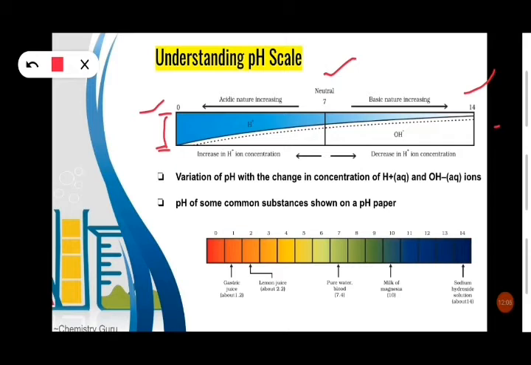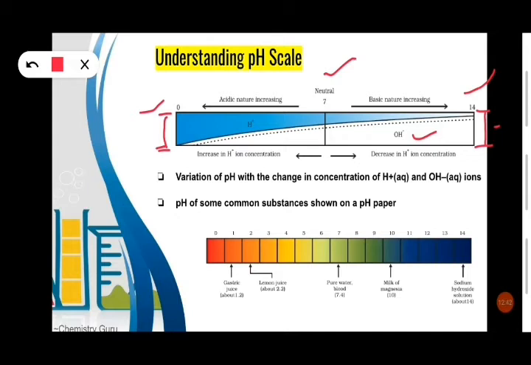Similarly, the white region shows the hydroxide ion concentration. It is maximum at 14, and it keeps on decreasing as we move towards 0.